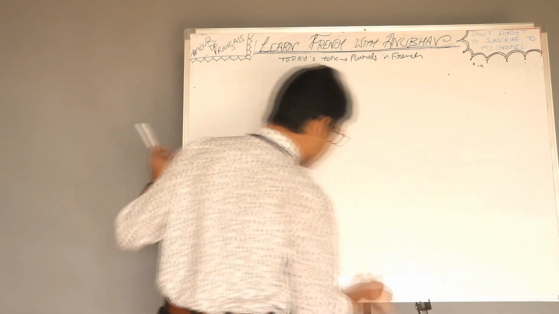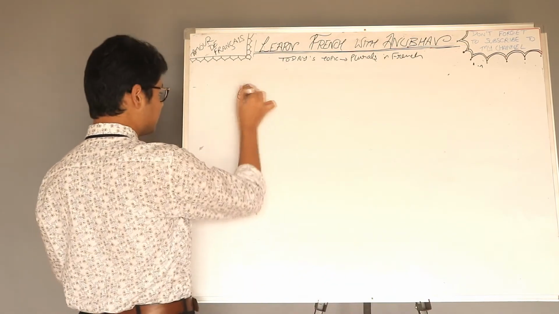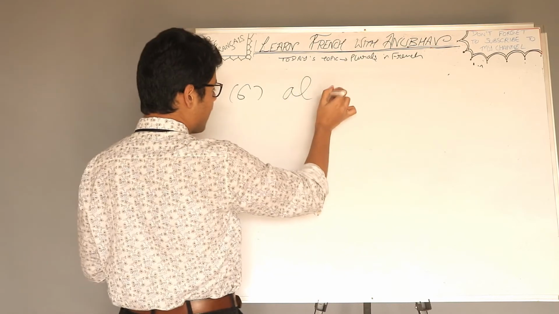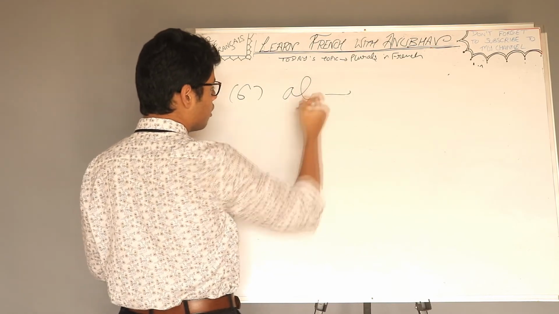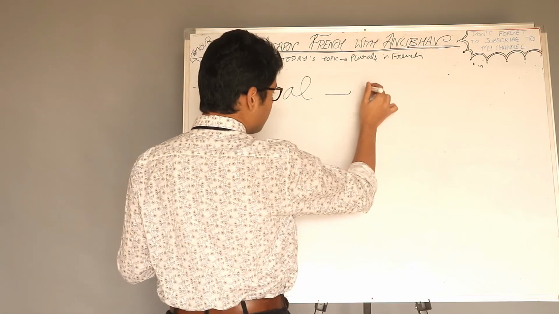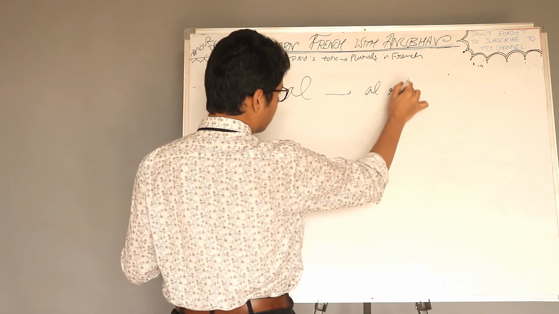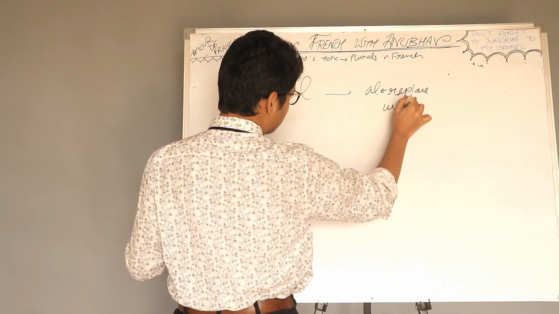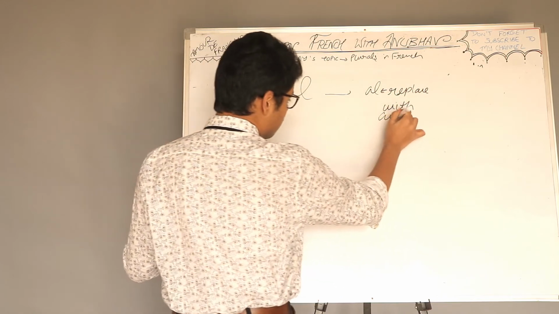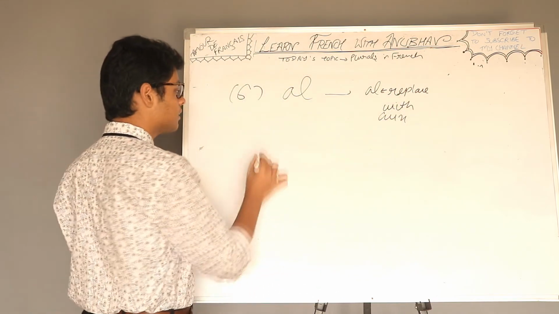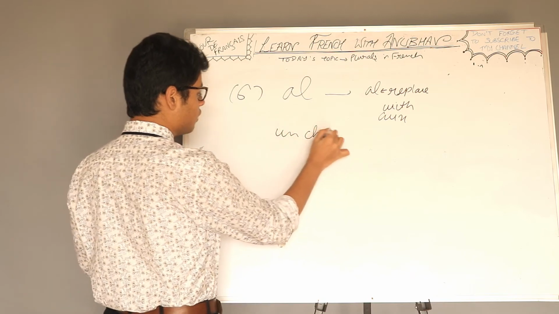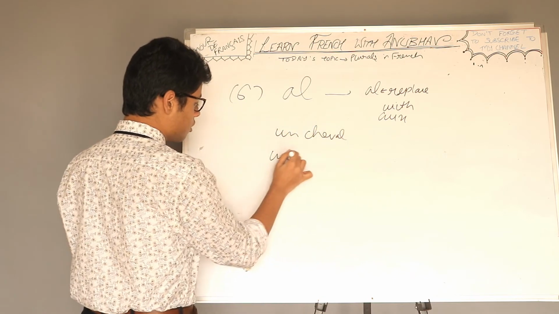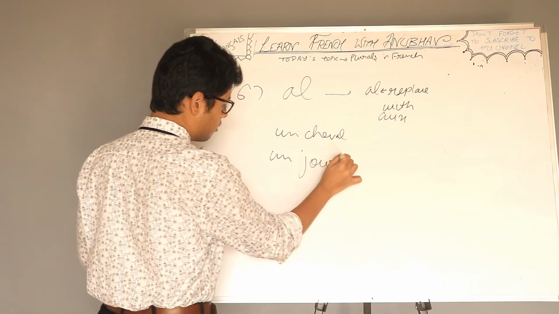Moving towards the next, sixth category, words ending with AL. How to make the plural? Replace AL with AUX. Un cheval, un journal.